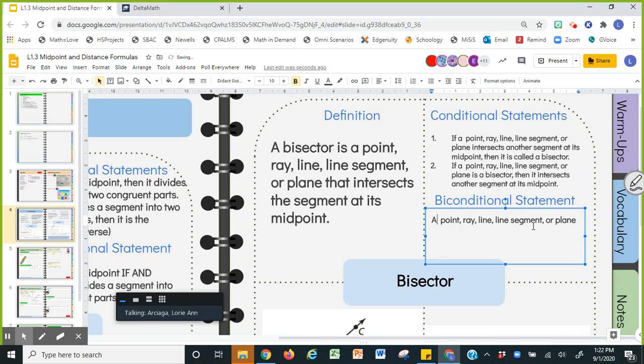So I would say a point, ray, line segment, or plane is called a bisector if and only if, and the shortcut for if and only if in geometry is IFF. Every time you see me or hear me use that, it's called if and only if. So if and only if it intersects another segment at its midpoint.